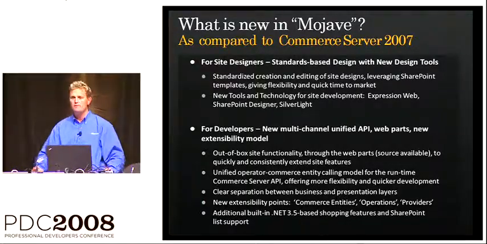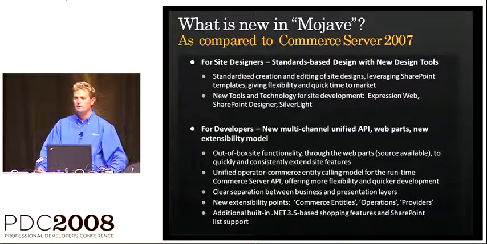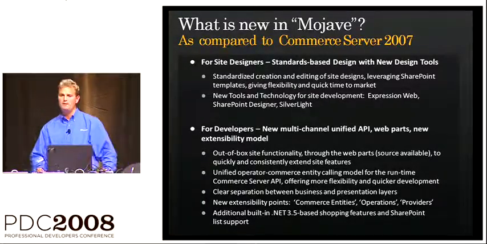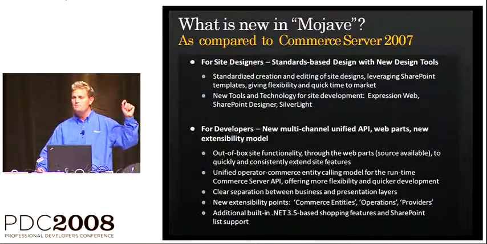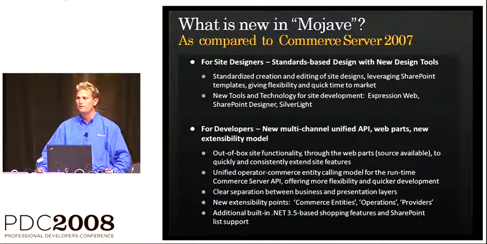If you're a core developer and you build business logic all the time, and that's what you love to do, we're giving you a new API. We've heard what you've said: I have to be a subject matter expert in each one of these Commerce Server subsystems to know how to do anything.